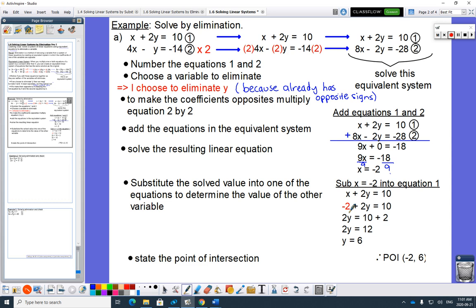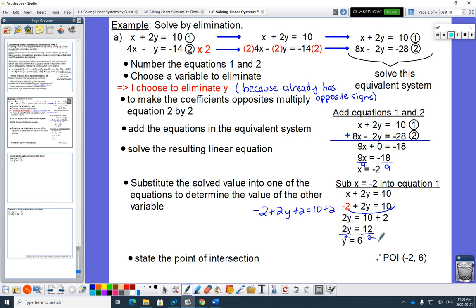When you bring the negative 2 to the other side, it becomes positive. Or if you need to write it out, like you need to show this step where you're going to get 0 to cancel it out, you can do that too. Maybe your grade 9 teacher made you do that. 2y equals 10 plus 2. And then you have to divide by 2 to get 6.